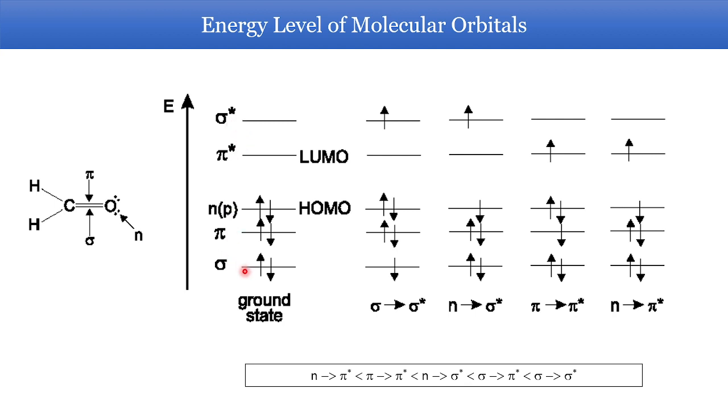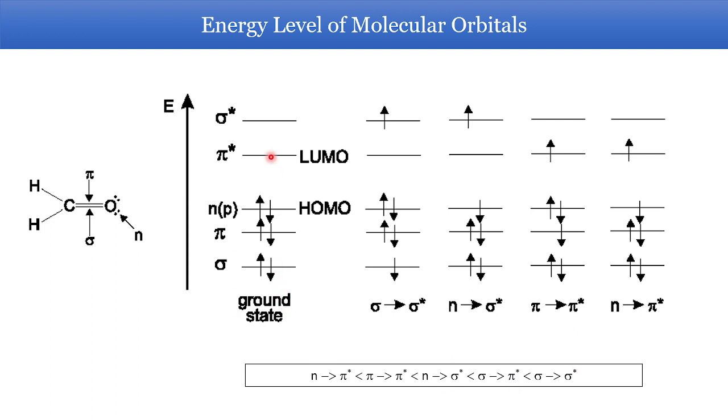So here we have the different molecular orbitals. Starting from the ground state we have sigma, then we have pi, and non-bonding orbitals, then pi star and the sigma star. Non-bonding to pi star is less than pi to pi star. Then these are the different energy levels. Sigma to pi star, then we have pi to pi star, which is higher energy.